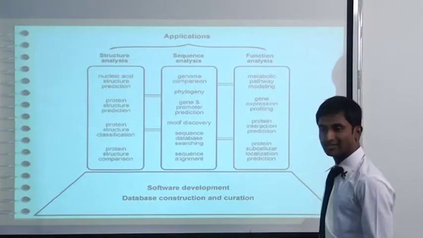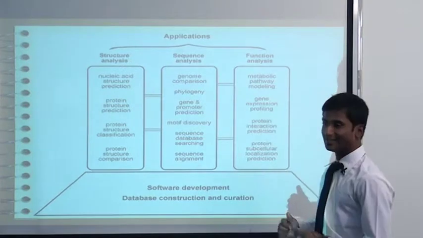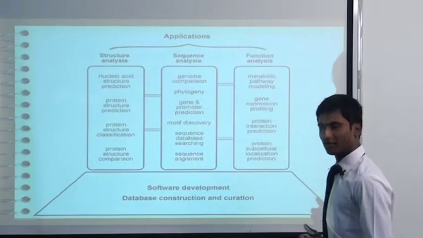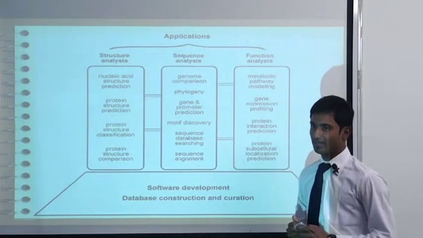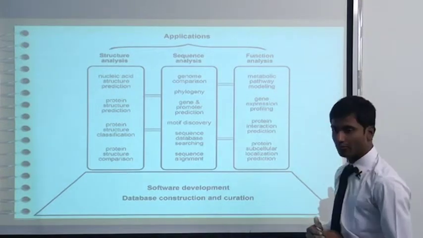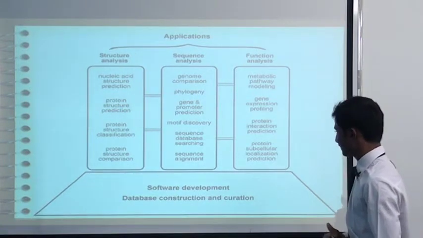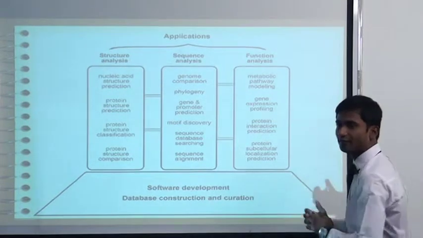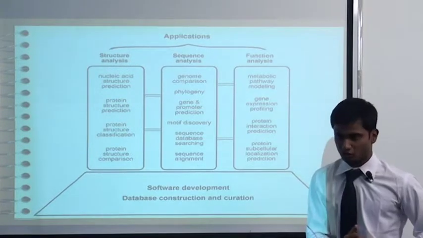Related to sequence analysis we are able to do genome comparison, phylogenetic trees, gene and promoter prediction, motif discovery, sequence database searching and sequence alignment too. Related to functional analysis: metabolic pathway modeling, gene expression profiling, protein interaction prediction and protein subcellular localization prediction. So that many applications of bioinformatics are in the biotechnology field.